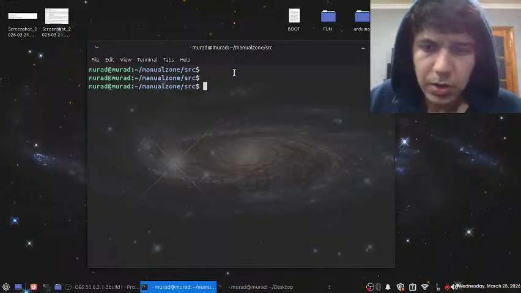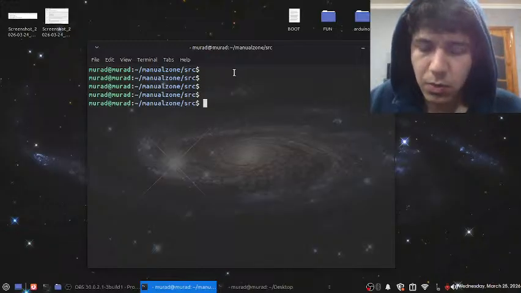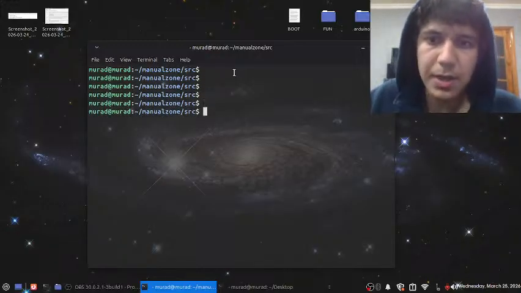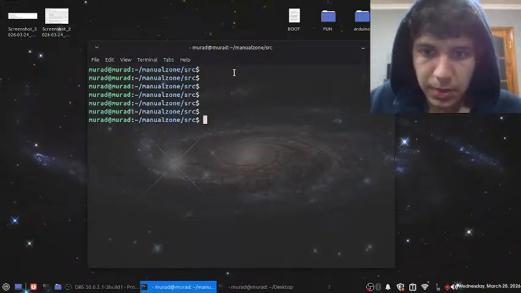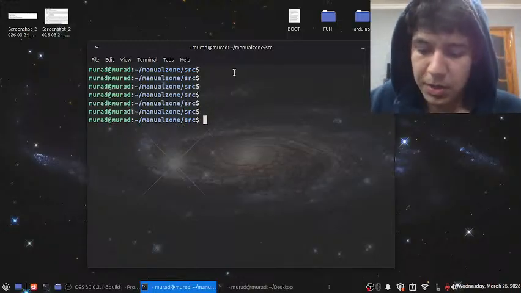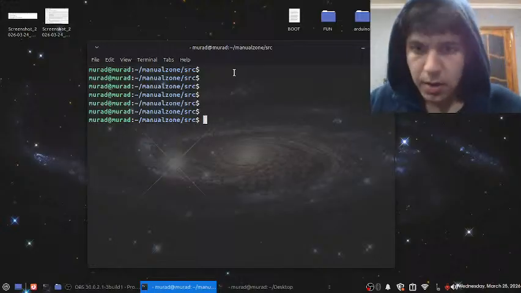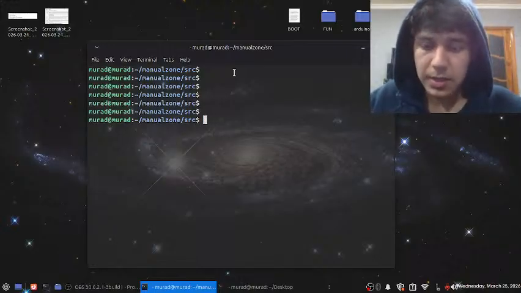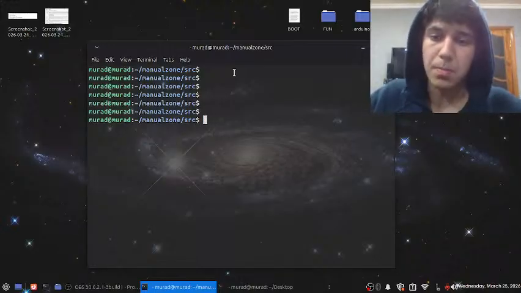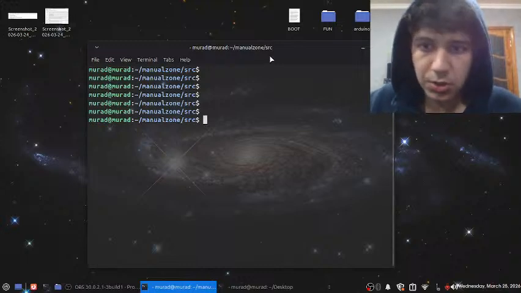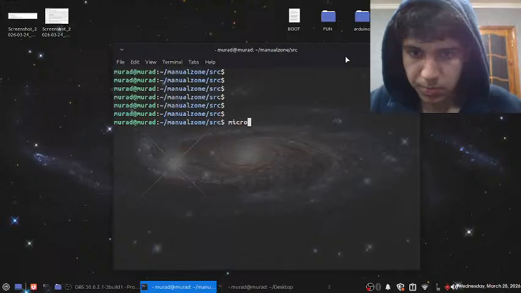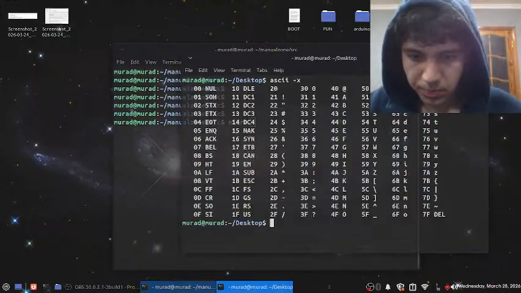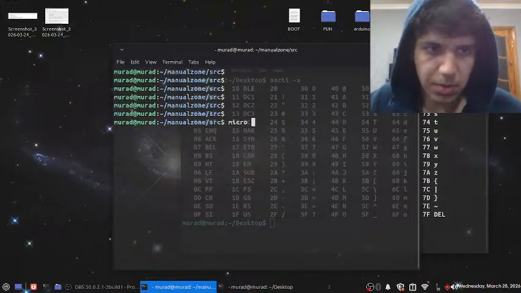So Linux, macOS, Windows use the complicated way because they are in x86 64-bit mode, but I'm in x86 32-bit mode, because the 32-bit mode is much cleaner. Okay.